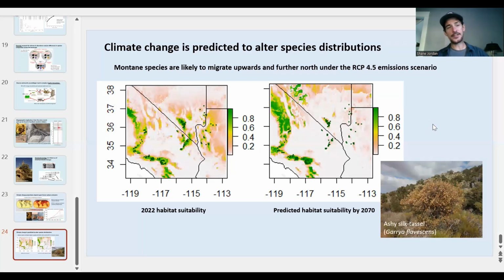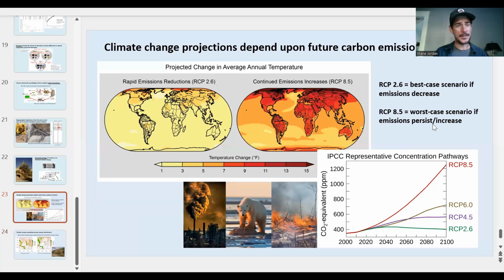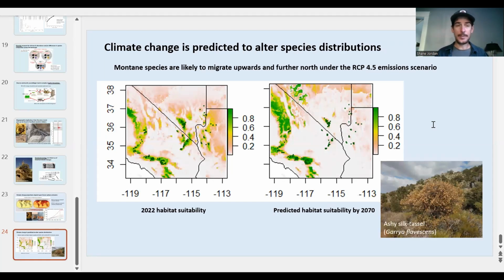So anyway, in a nutshell, our best understanding of what climate change is going to do in the future can be estimated by our understanding of how the Earth's atmosphere reacts to changes in concentrations of carbon dioxide, changes in global temperature, and we can use that information to simulate how this might affect the distribution of species in the future.